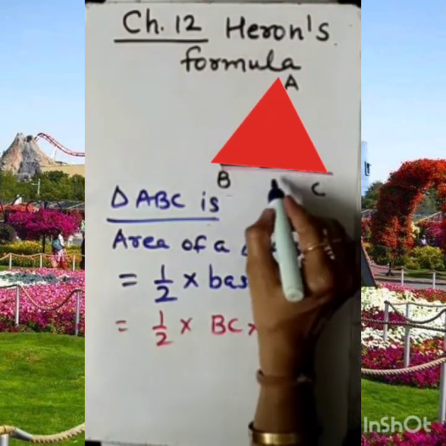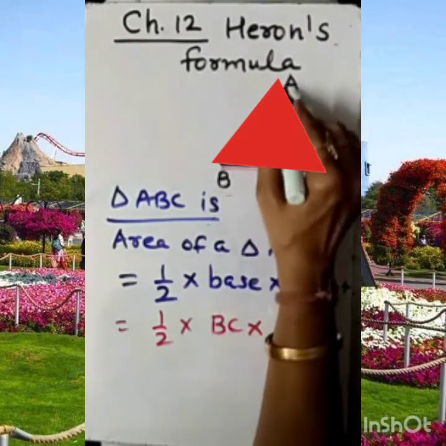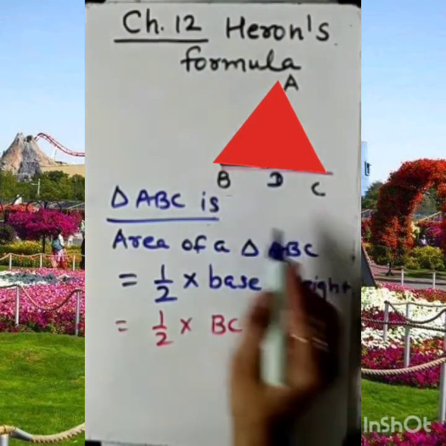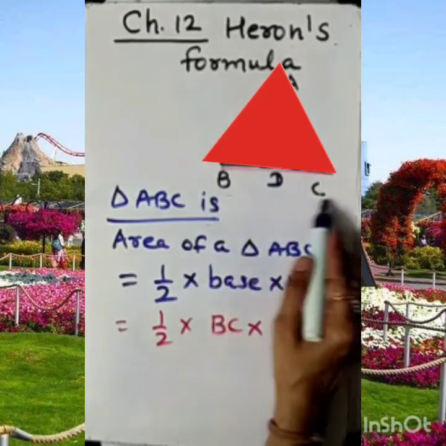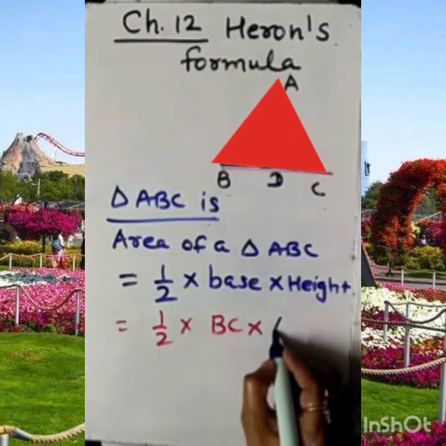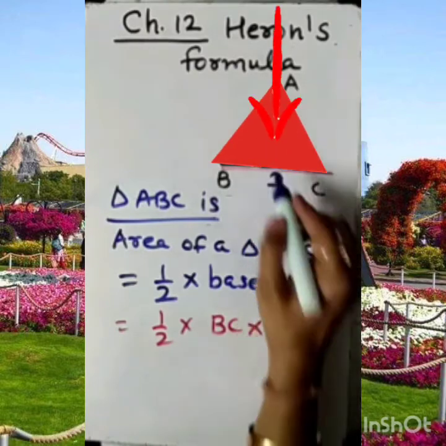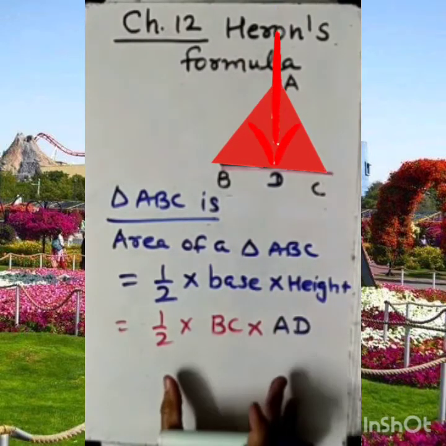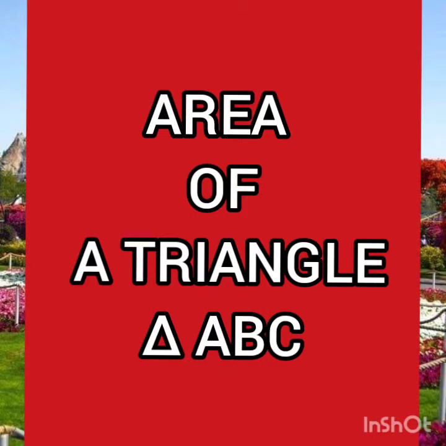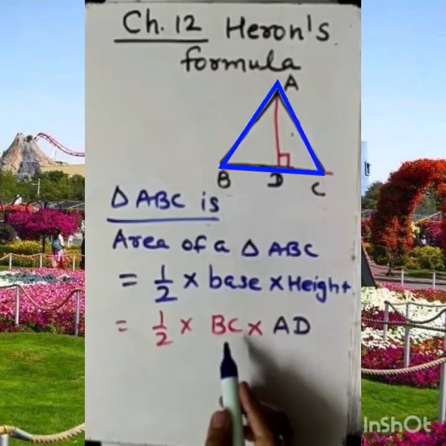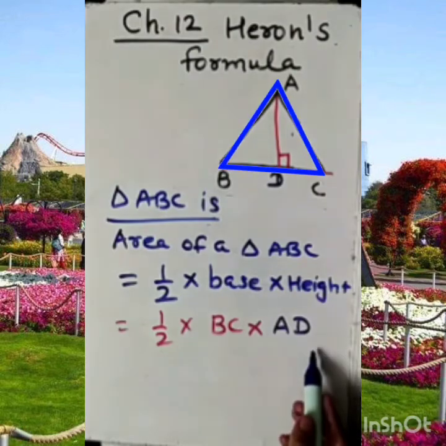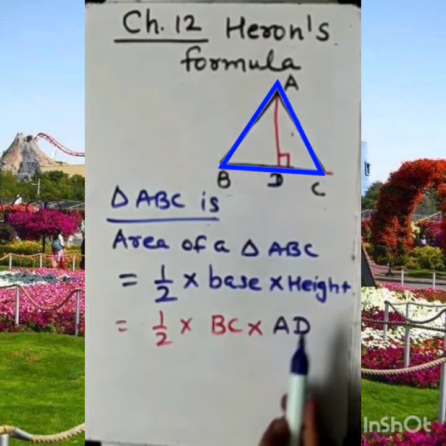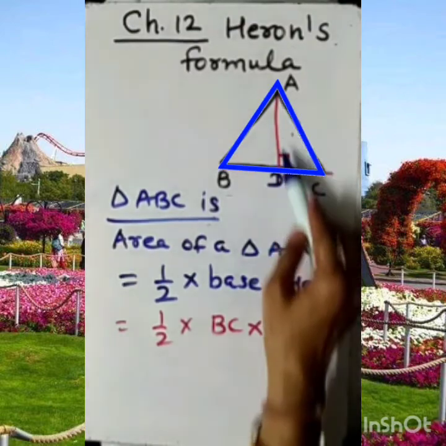AD is perpendicular to BC. So, dear student, it is called the height of the triangle. This is the real formula to find the area of triangle ABC: 1/2 into base BC into height AD.